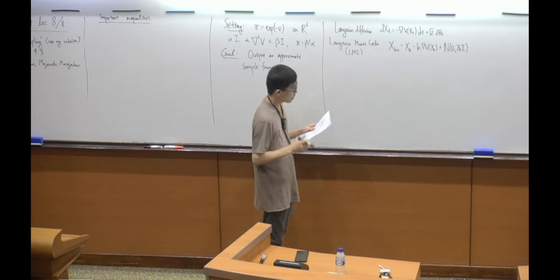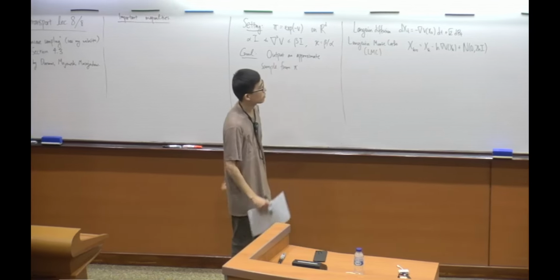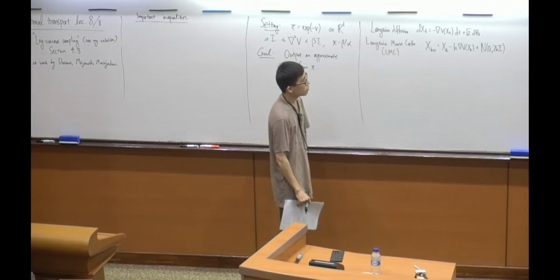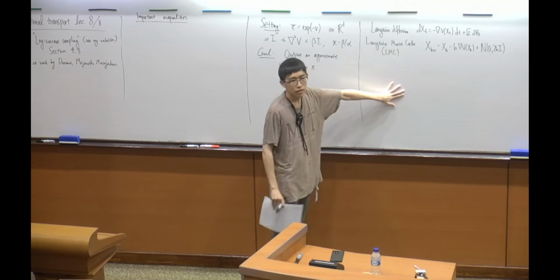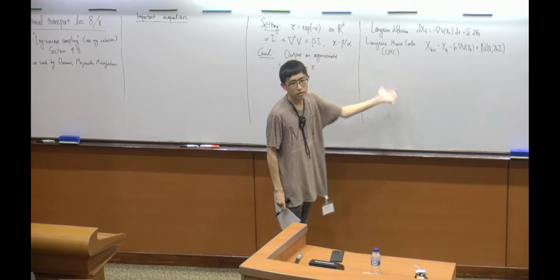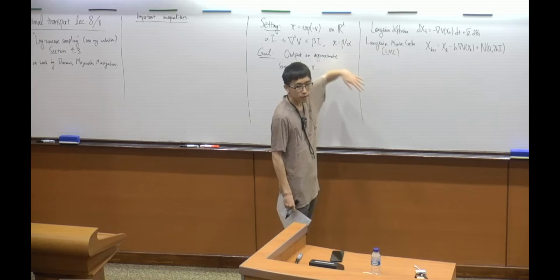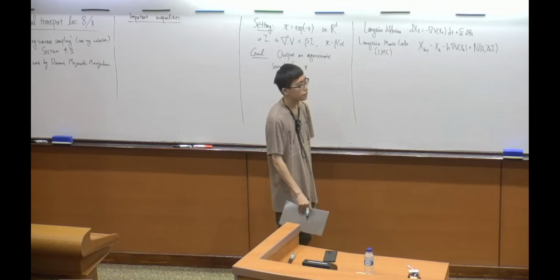Okay, so we want to know, can we analyze this algorithm for sampling from pi? But there's one important difference between optimization and sampling. In optimization, we also fix a constant step size, but we can actually prove that you converge to the global minimizer under strong convexity.